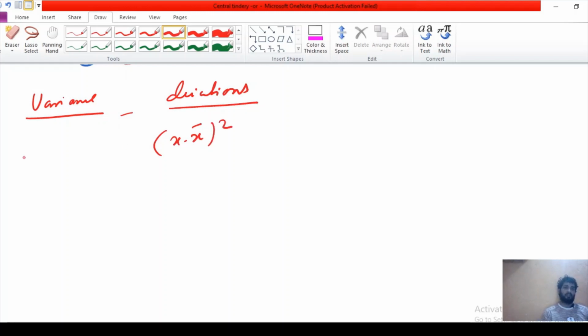About the mean in this variance, the central tendency is always x bar, and we can say a. So variance, we have studied variance for a mean.